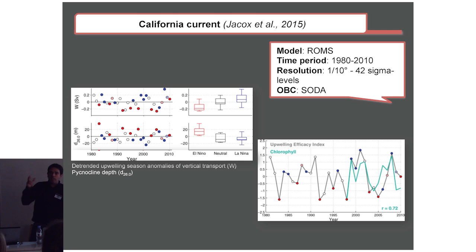They create an upwelling efficiency index or efficacy index, and they relate it very well to the chlorophyll concentration. Of course, when you have the upwelling very efficient, you have more nutrients, then you have more production, then you have more chlorophyll. Then in this case, during Niño events, you have less upwelling, then less production. Then it's very well correlated with the satellite observations here in blue.